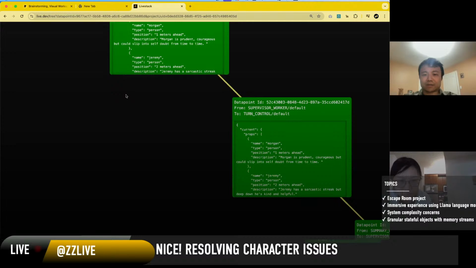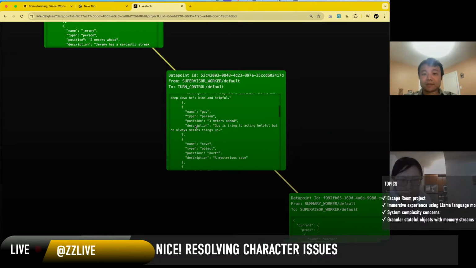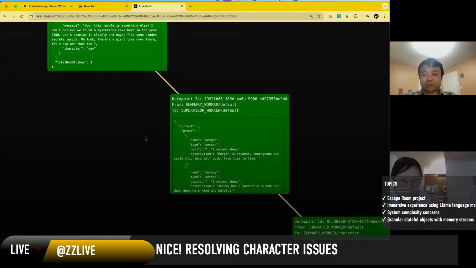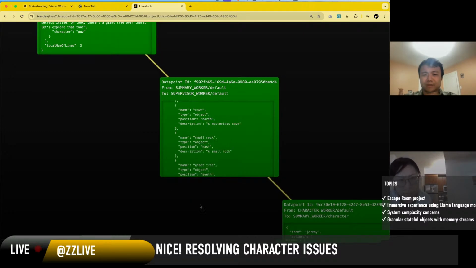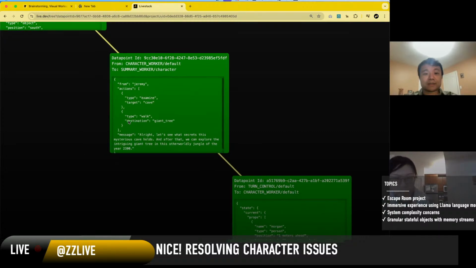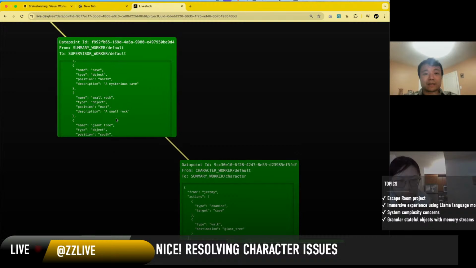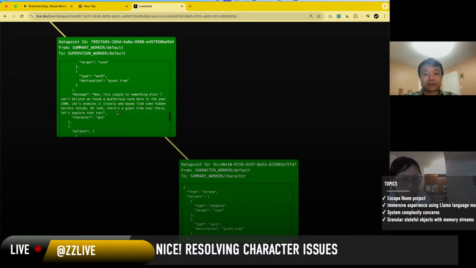There's a lot of these states that get passed around. Supervisor to turn control. Wait, what? Is this supposed to be the loop? Okay, character. Are we outputting the prompt? Or we're not? No.